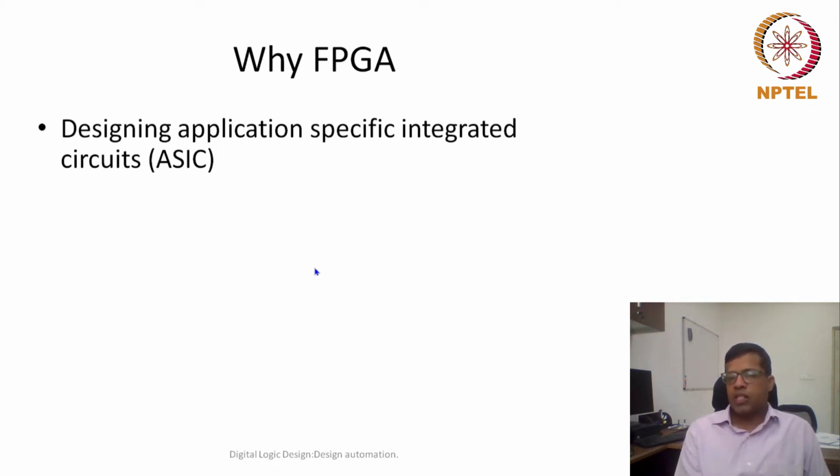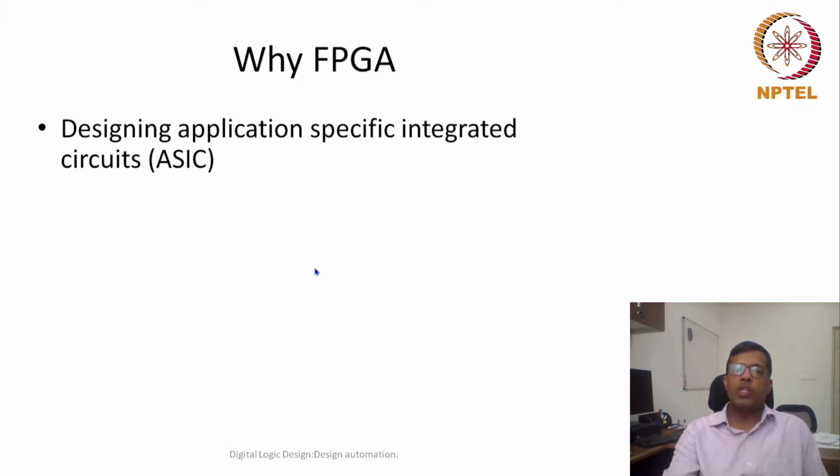For example, in the last couple of lectures of our last module, we have taken applications such as a traffic light controller, a bubble sort, or a GSG computer. Any such application, which could be algorithmic in nature or control based, we would like to implement as a specific integrated circuit, one hardware for such an application. If we implement application specific hardware for that particular application, we call it ASIC.